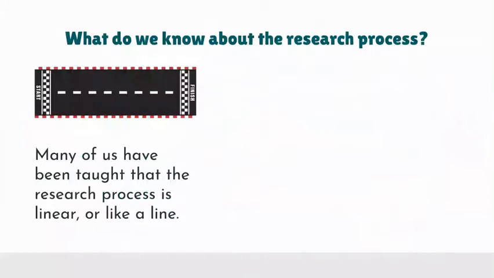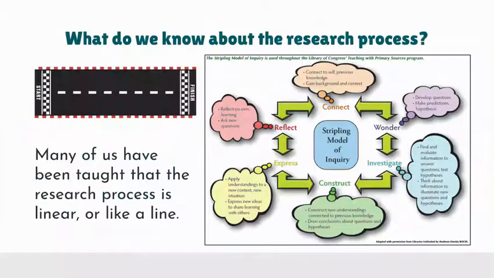And when I was in graduate school, I was introduced to this model. And what I like about this model is that it is like a cycle, but it's not going in one direction. You can see the arrows point back and forth, indicating that you can go back to different steps. And that is absolutely how you should be approaching research.